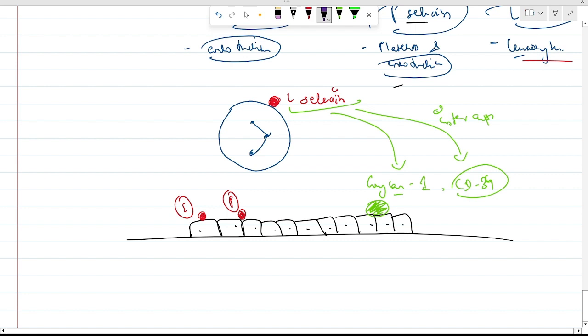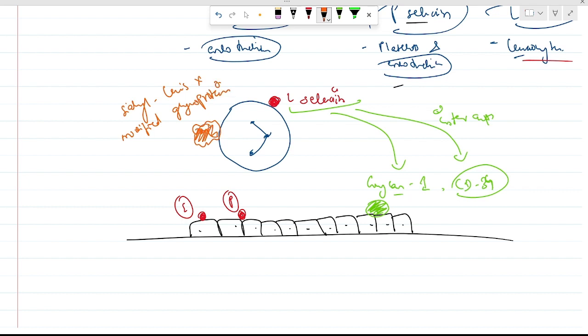And what is left for E and P selectin to interact? Very good question. Here on the leukocytes, remember there is this molecule called Sialyl-Lewis X modified glycoprotein.